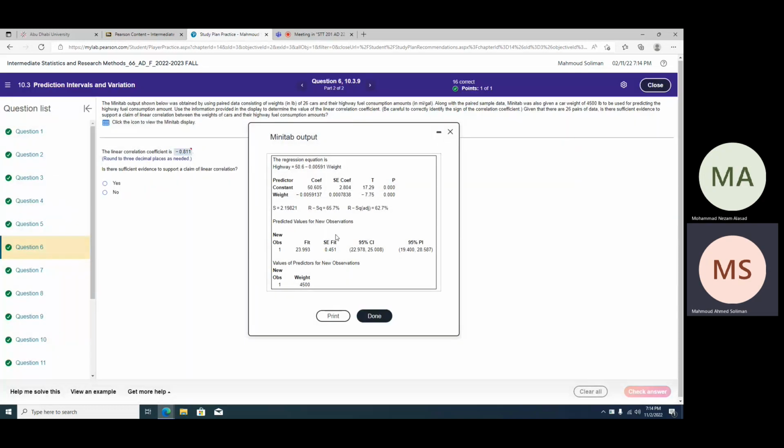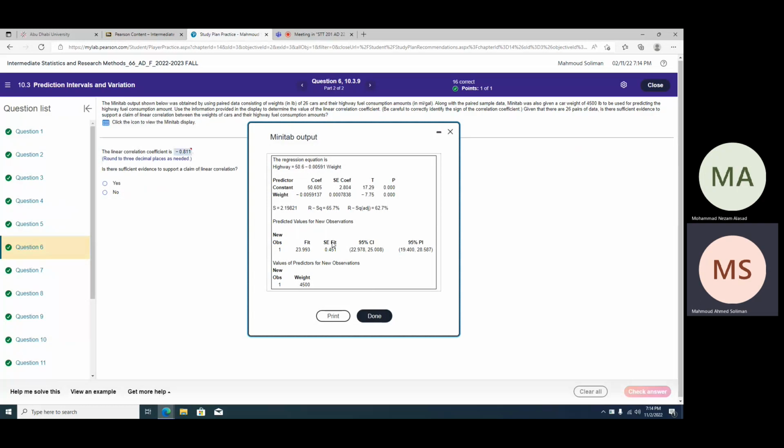Oh, it's negative. Oh yeah, because look, the sign for r is the same as the sign of the slope. What is the number that we make squared? Square root. This one here. Okay.